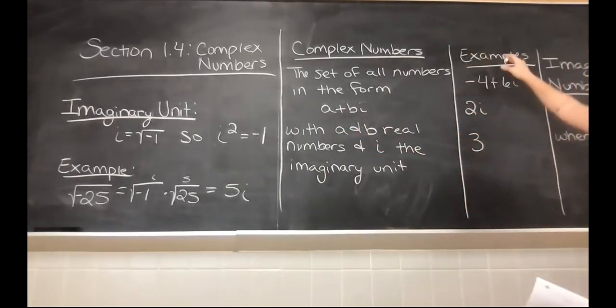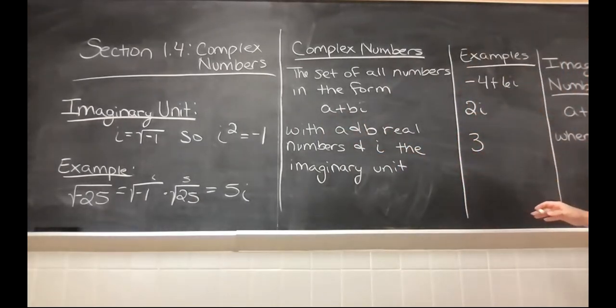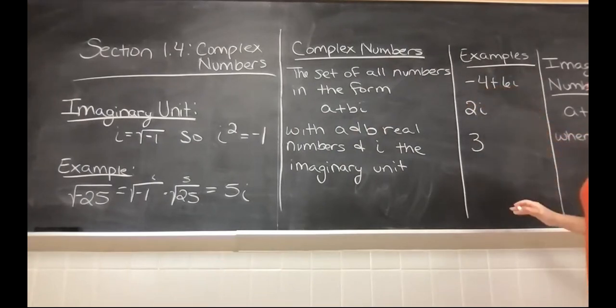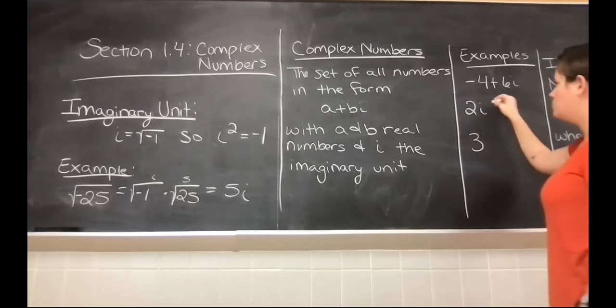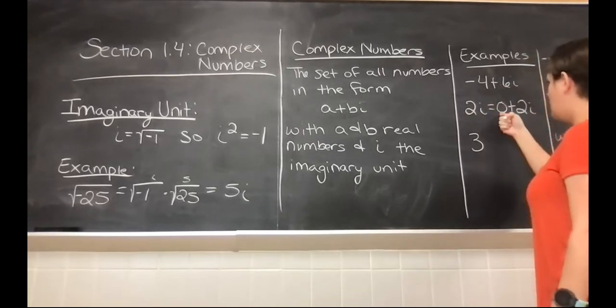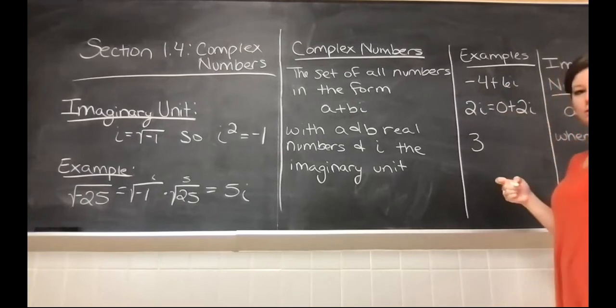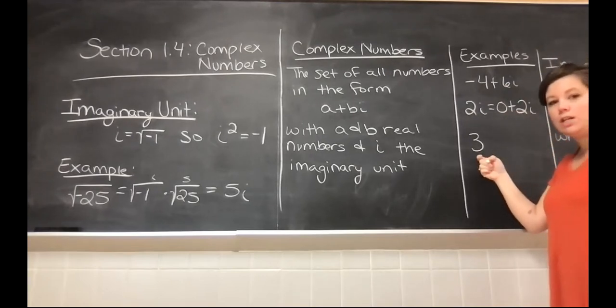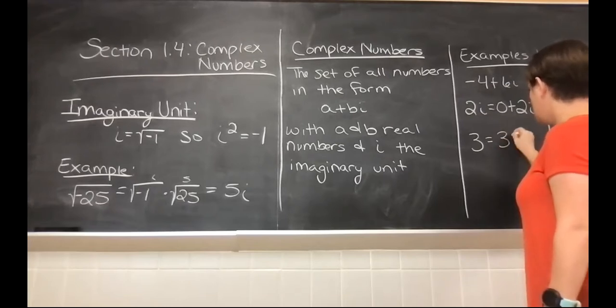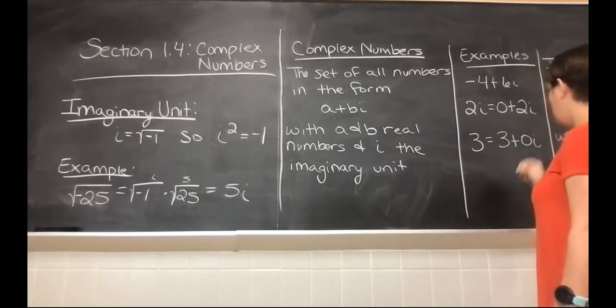So here are some examples of complex numbers. We have -4 plus 6i, a plus bi. 2i is also a complex number because you could write that as 0 plus 2i, a plus bi. Even the number 3 is considered a complex number because we can write that as 3 plus 0i.